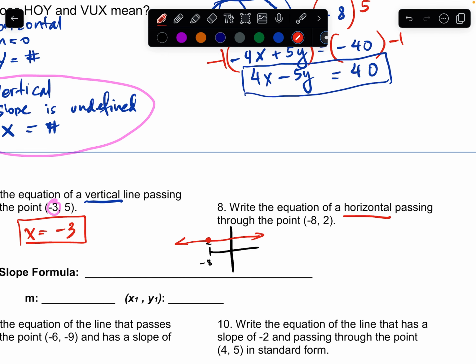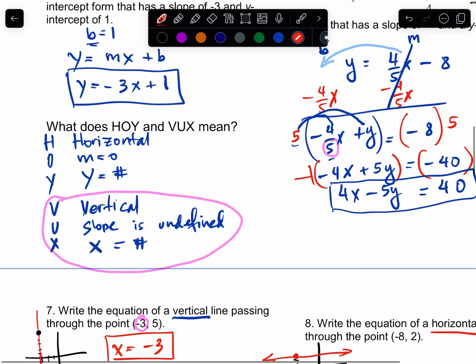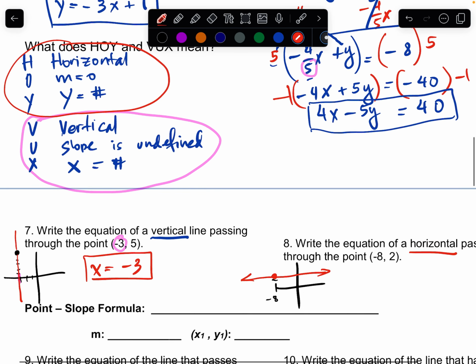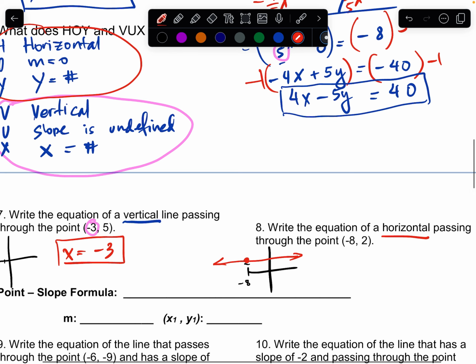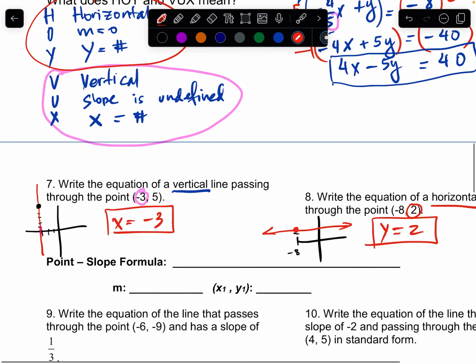What's the equation of this line? It's horizontal, slope is 0, and it's y equals. What's the y value? Well, it's 2. That's your equation of a horizontal line.